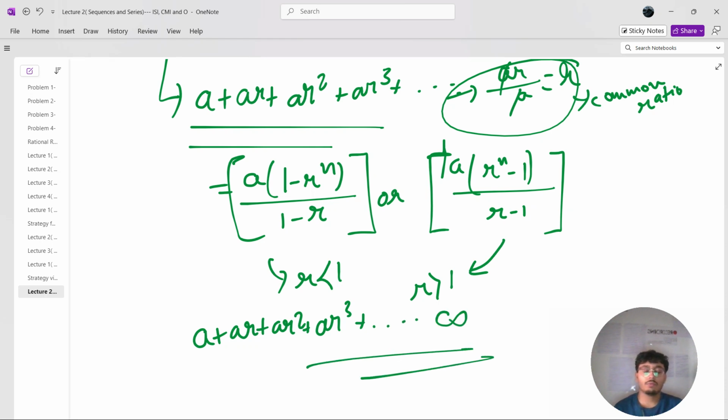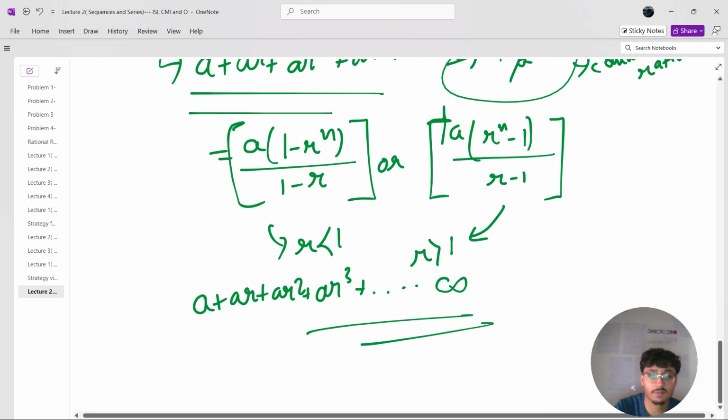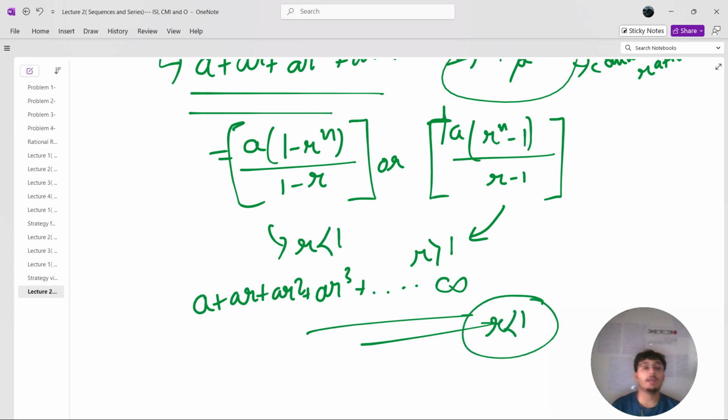Now, there's no nth term for this, since the nth term would be going to infinity. But my general cases would follow r being less than 1. Like all the cases I solve for examples, unless and until it is mentioned in the question, you are going to take r to be less than 1 and use the first formula.